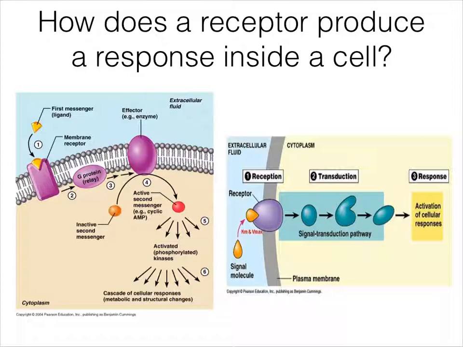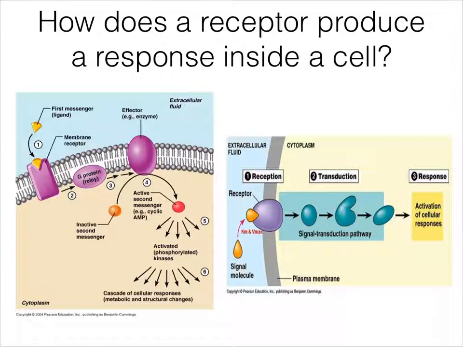All right, so you can see here one ligand binds to one receptor, right? So normally that would produce a very, very small response. But because of this amplification process, the G protein relays its signal to this enzyme, which doesn't just make one second messenger. It's an enzyme. It's a catalyst.